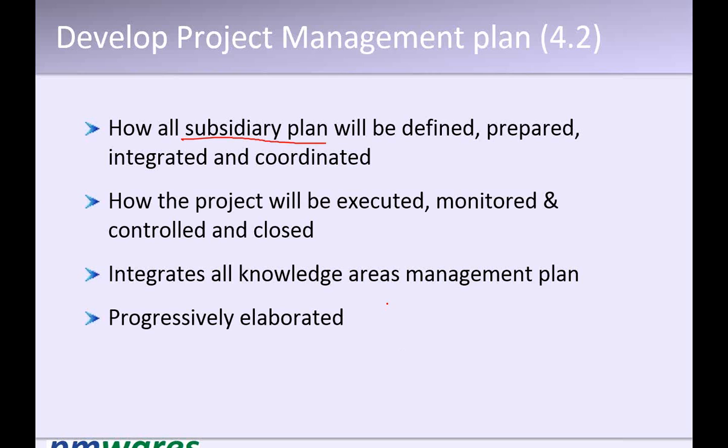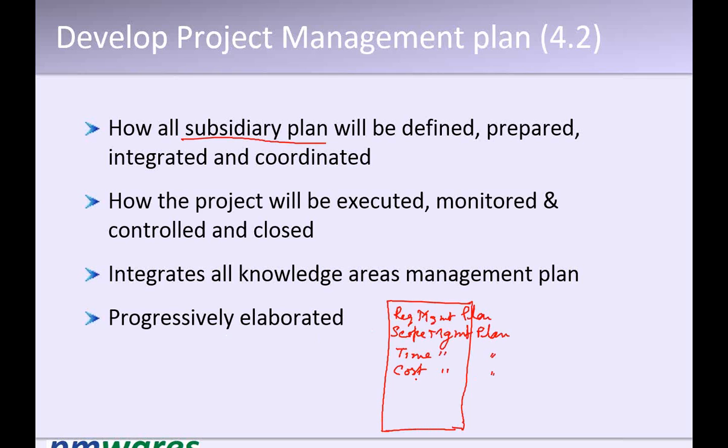So what does a project management plan contain? It contains how I am going to do the requirement management plan, scope management plan, time management plan, cost management plan. What does it mean, how we are going to do the requirement?